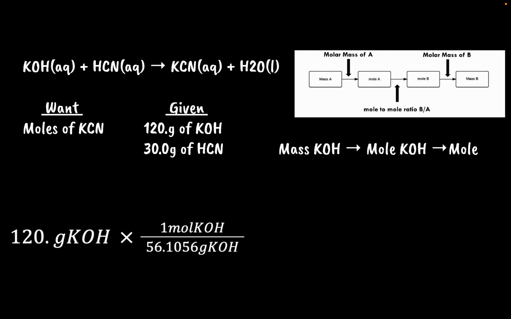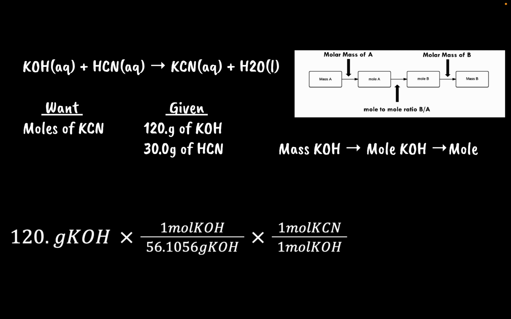Now we have the moles of KOH, but the next step would be getting the moles of KCN. We would do this by multiplying the equation by the mole to mole ratio using the coefficients in the balanced equation, but since there's only one of each reagent, the mole to mole ratio would just be 1 over 1. Let's do that now.